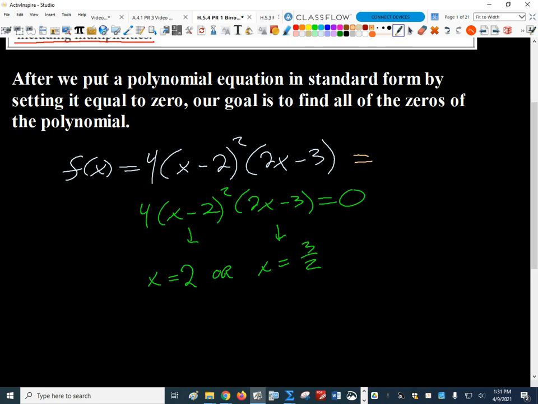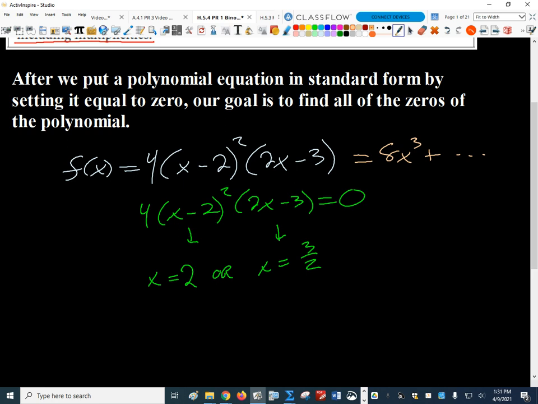When I distribute that 4x squared to the leading term of this factor, I would get an 8x cubed plus some other junk, right? Everybody agree? I'd have to do a little bit of work to figure out what the other terms are, but the leading terms are easy to find. Those are just what I get when I distribute leading term to leading term. So what's the degree of this polynomial then? 3. Everybody agree? It's 3.